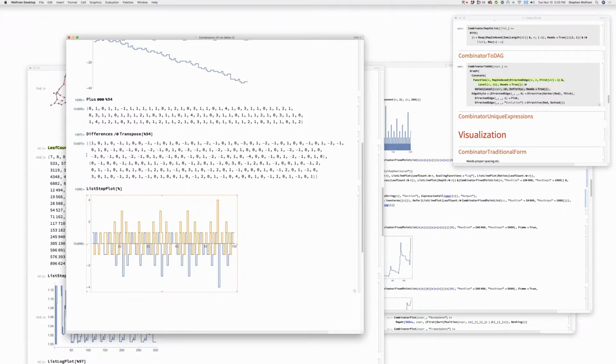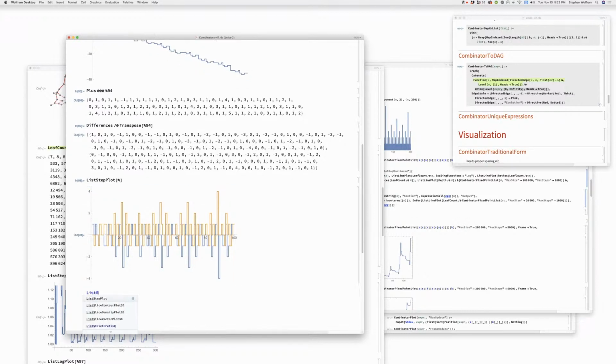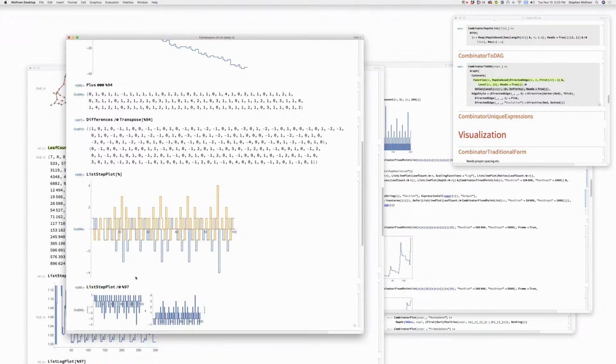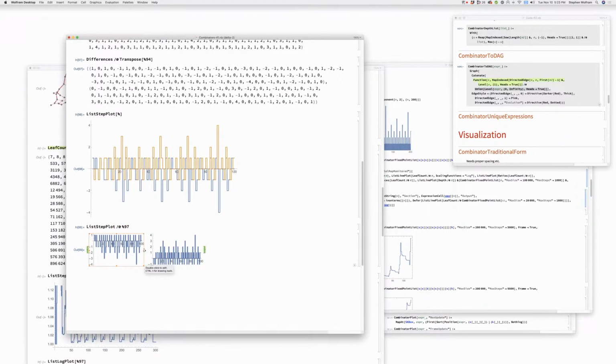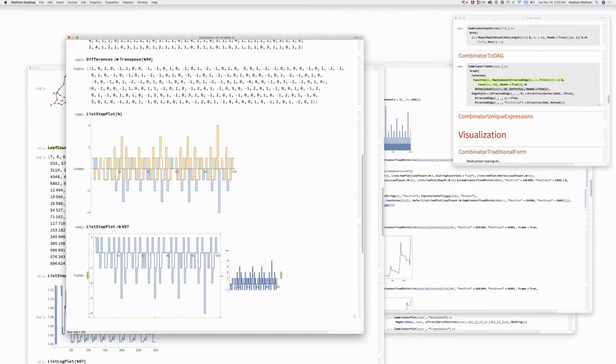I don't know what to make of this. I mean, I don't know what to make of the fact that this is, okay, let's just take, okay, what is that function?